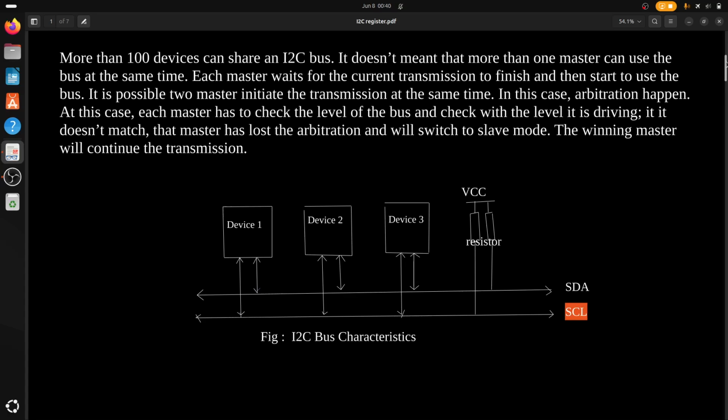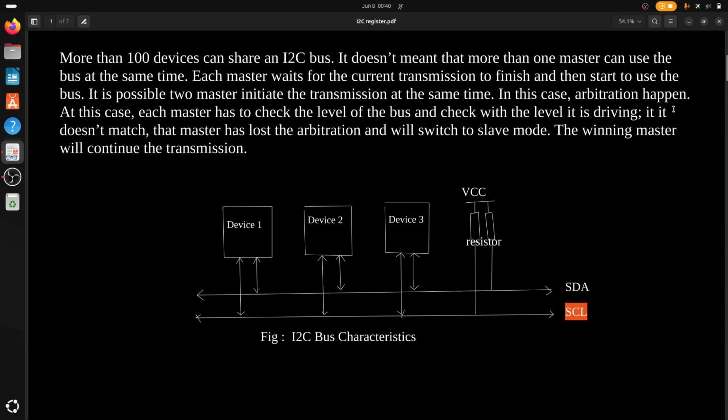That means transmitting is still not happening; they are only trying to initiate the process of transmission. So two or three devices may try to initiate transmission at the same time, and at this time arbitration happens.